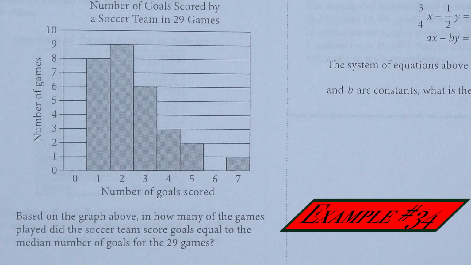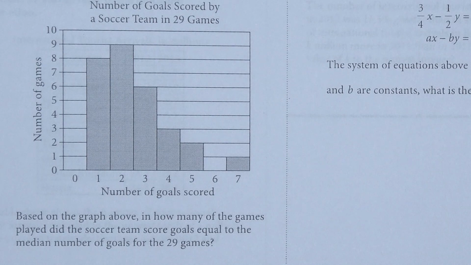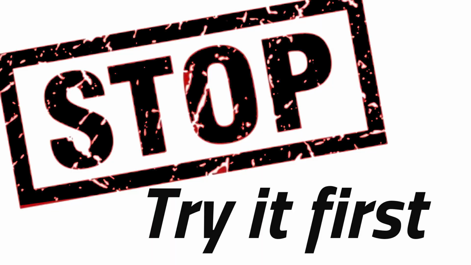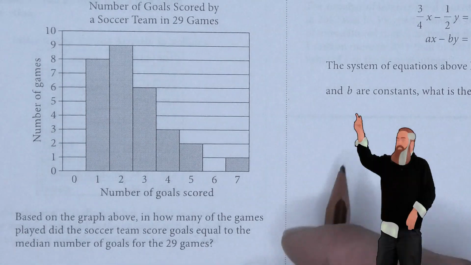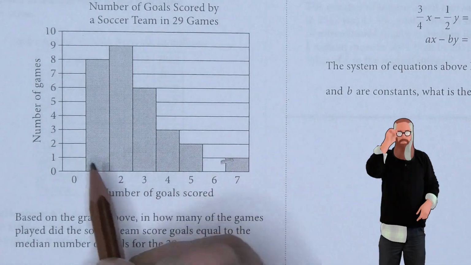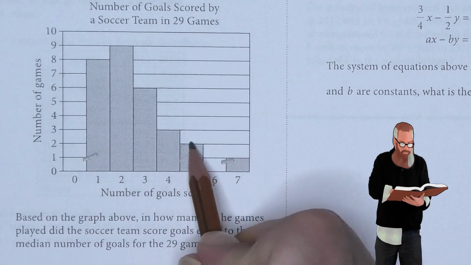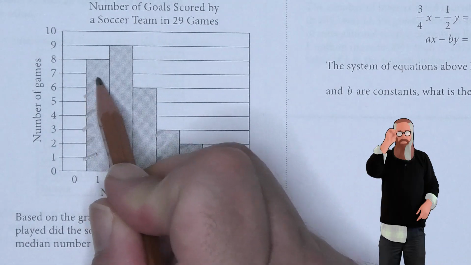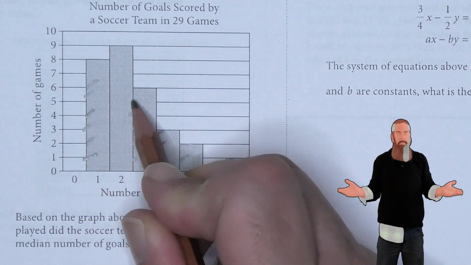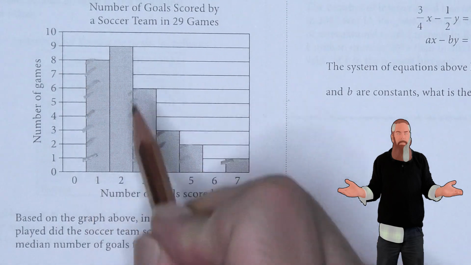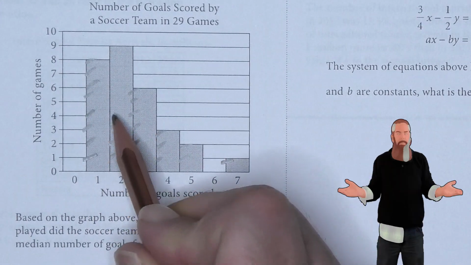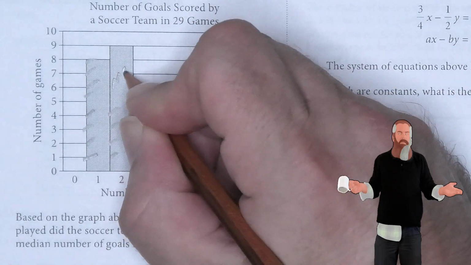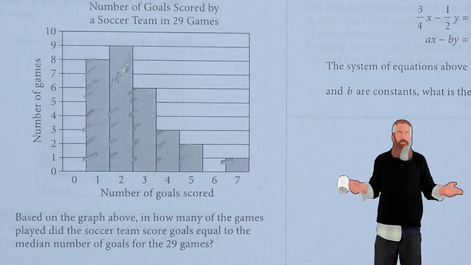Based on the graph above, in how many of the games did the soccer team score goals equal to the median number of goals for the 29 games? So the first thing we need to do is find the median. So we have a 1 that occurs here, and a 1, a 1, 2, and a 1, 2, a 1, 2, 3, and a 1, 2, 3, a 1, 2, 3, 4, 5, 6, and a 1, 2, 3, 4, 5, 6, which means that the median occurs here in the 2.